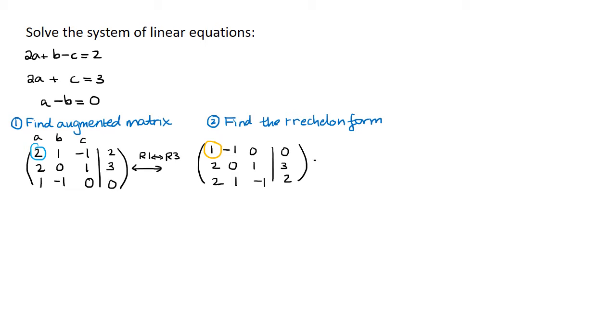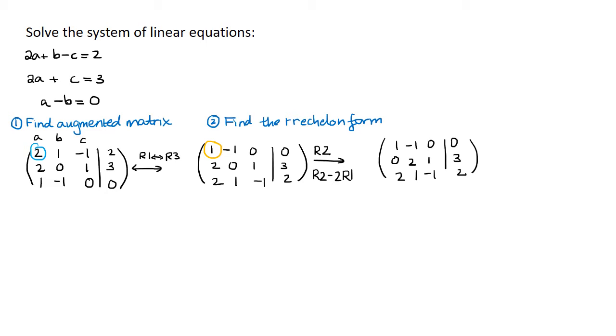Now I want to eliminate all of the values occurring in this column below the leading entry. So what that means is I'm going to replace row 2 with row 2 minus 2 row 1. Okay, so for this example, it's pretty easy to do it in your head carefully, but doing it on paper is also a good option.